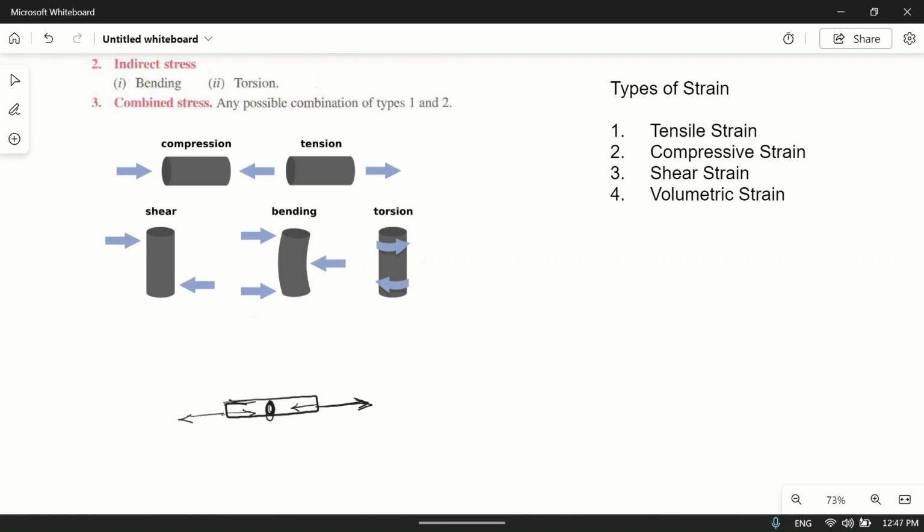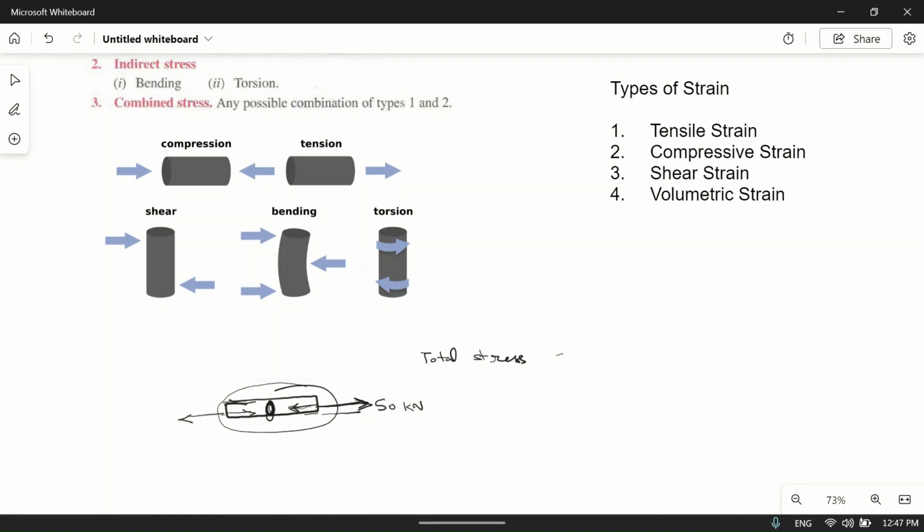So stress can be represented in two forms. First is total stress. What is total stress? Suppose we are applying a 50 kilonewton force. Suppose this material is not getting elongated and it is maintaining its shape. Then the internal material of this beam will offer a resistance equal to the external load.